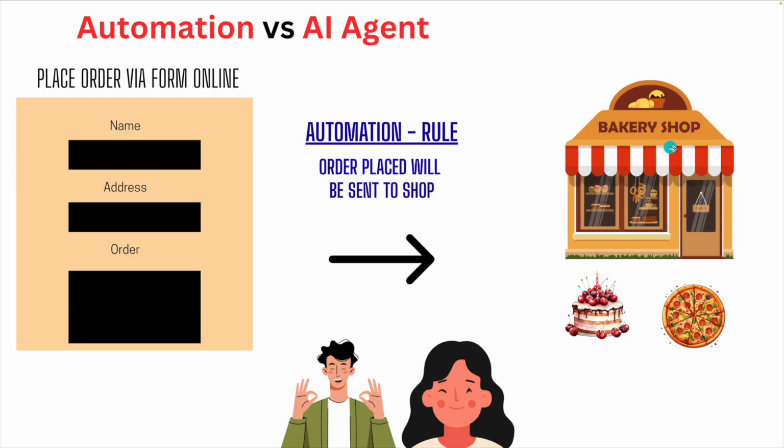Suppose I have a bakery shop, and in my bakery shop I sell two things, let's say cake and another one is pizza. So these are the two items I sell in my bakery shop.